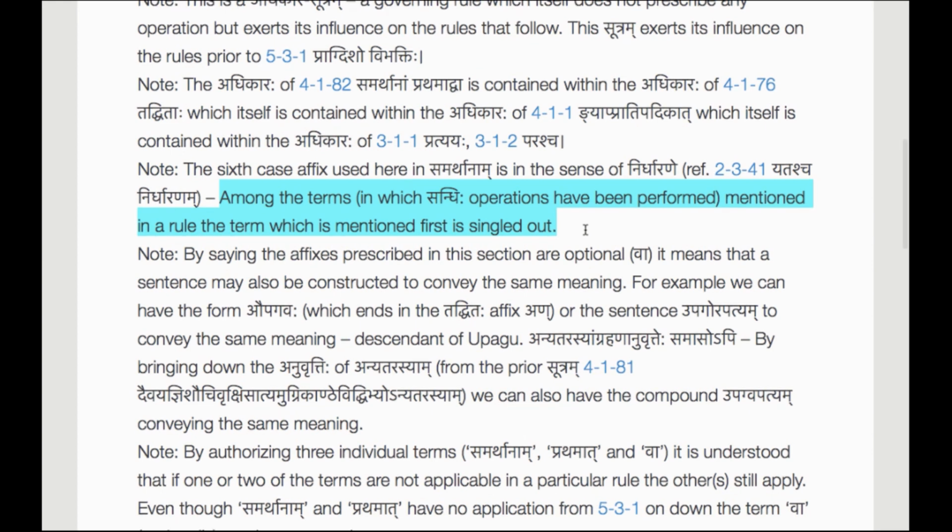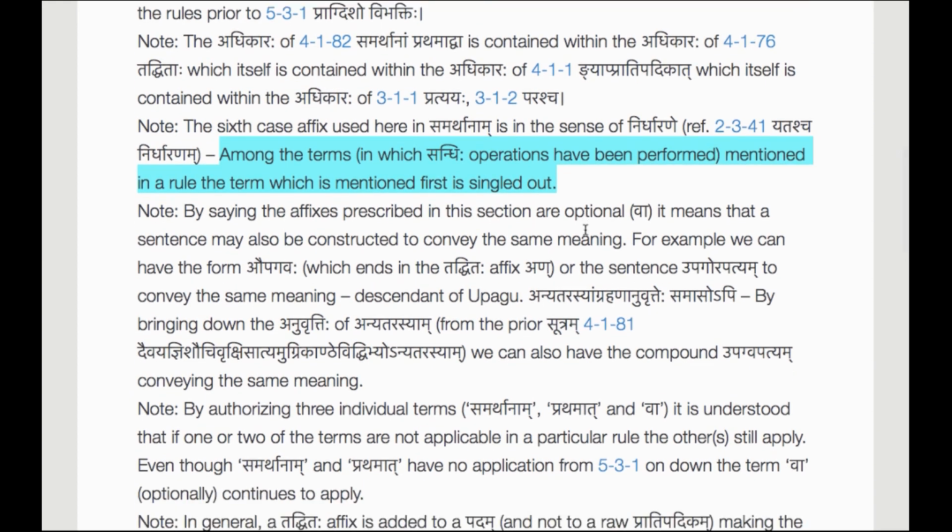So when we have to apply a Taddhita affix prescribed by a sutram in this section from 4.1.82 down to prior to 5.3.1, we have to look at the rule, the sutram which prescribes the affix, and in that sutram, the term which is mentioned first, we have to take that term and then apply the affix following a subantam which is indicated by that term.